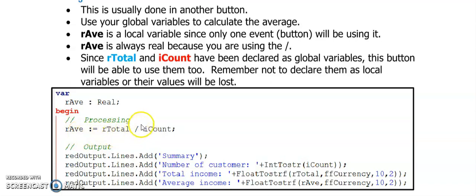Remember in the previous lesson we learned that when I'm using the divide, this variable needs to be of real data type, and it is calculating the average for me. It is only being used by this one button, so therefore it is locally declared. And here's my output as I would display the summary for the values entered so far.